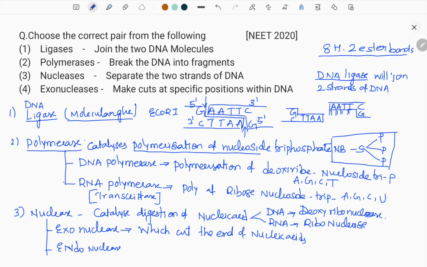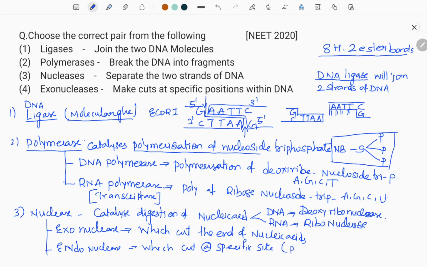And endonucleases are those which cut specific sites, that is, palindromes. We know palindromes, I wrote here GATTC. Like that, every restriction endonuclease has its specific palindrome. At that palindrome only the restriction endonuclease will cut. Such are called endonucleases.